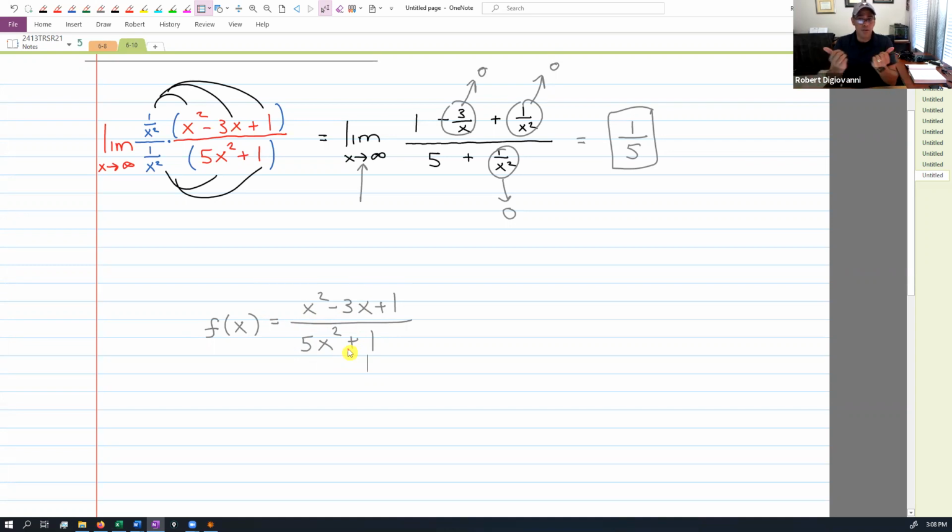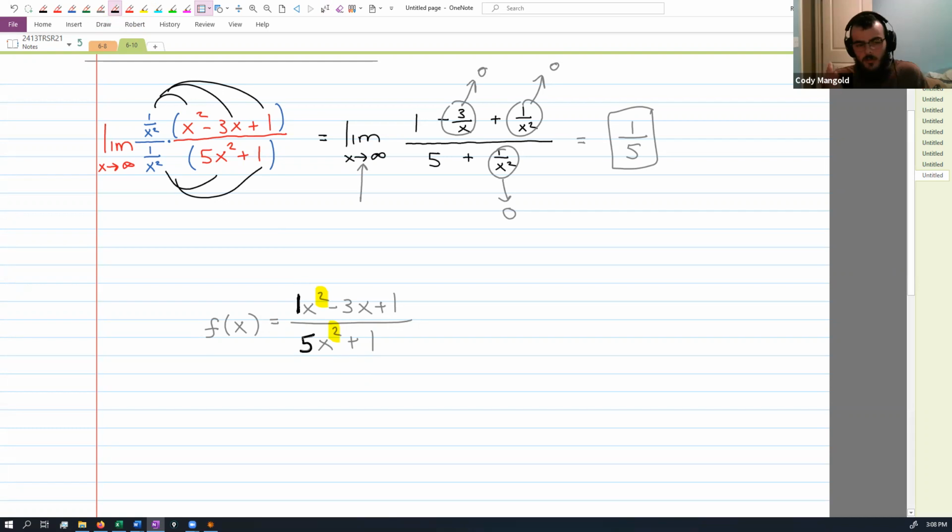The horizontal asymptote is what's happening at the edges of the rational function. And one thing that you were taught, maybe, depending on your professor, is that if you compare the degree of the numerator and denominator, the highest powers of x, if they're the same on top and bottom, then the horizontal asymptote will always be the leading coefficient of this one divided by the leading coefficient of that one, the 1 over 5. Do y'all remember seeing that in college algebra?